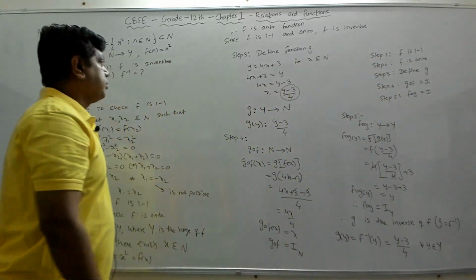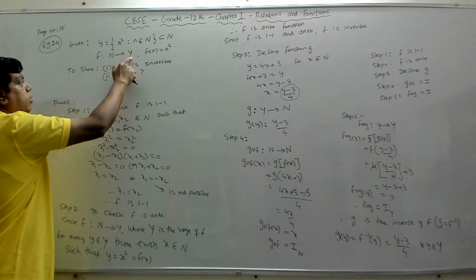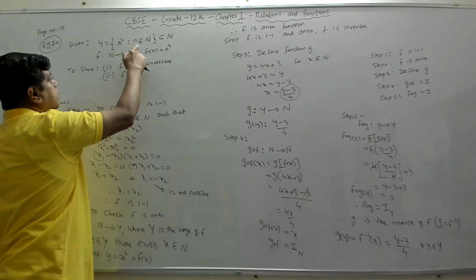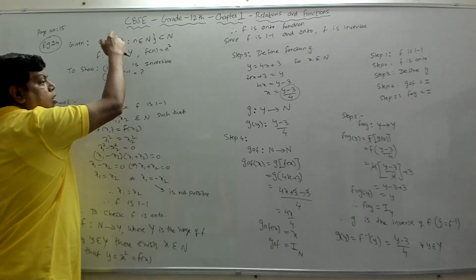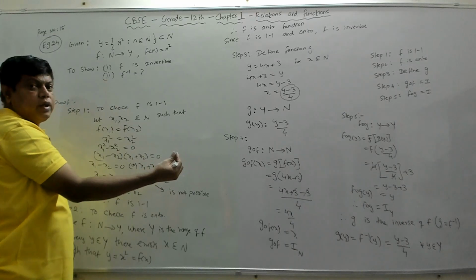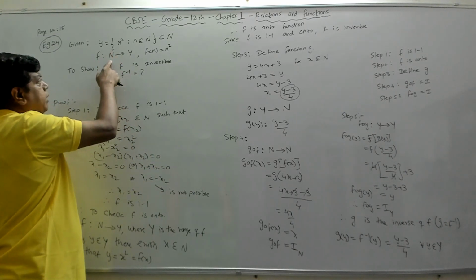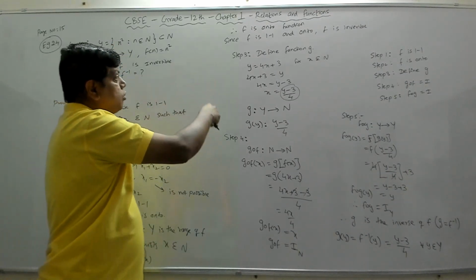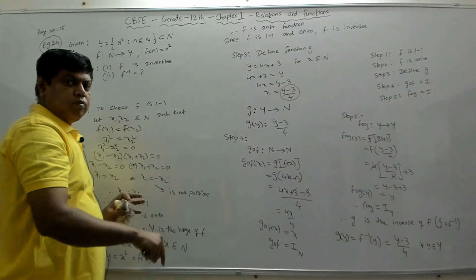The function is defined from N to this set Y, and Y is the set of all n squares such that n belongs to N, so all the images are in Y, which means Y is the range of f. For any element from the range of f, you can always find an element in the domain such that f of that element equals y. So that makes f onto. Whenever you define a function from a set to its range, it will always be onto.